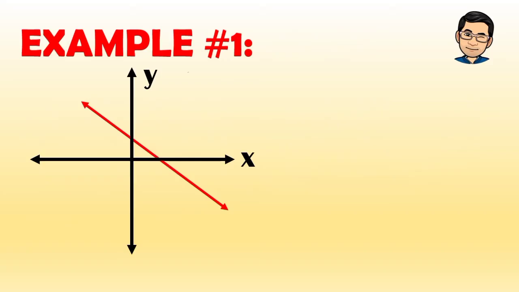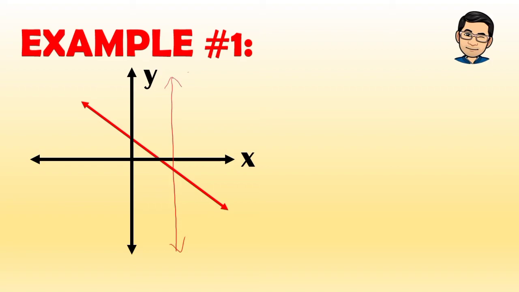So, let's have example number 1. Para mas maintindihan nyo kung anong vertical line test, magdodraw ako ng vertical line dito sa given figure natin na nakagraph sa Cartesian plane. And then, bibilangin natin ilang beses niya in-intersect yung figure. Ayan, ang ating vertical line test. Ilang beses niya in-intersect yung given figure natin?